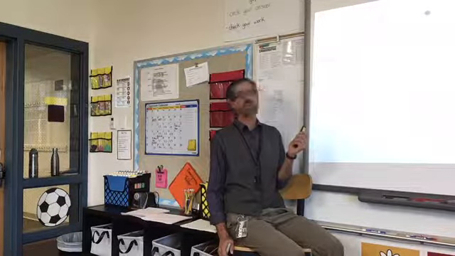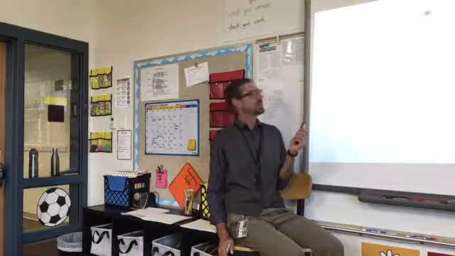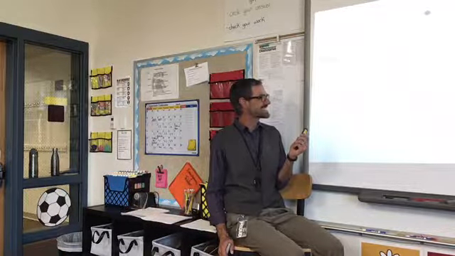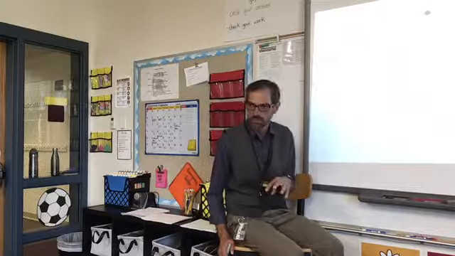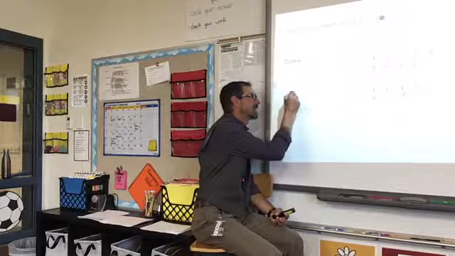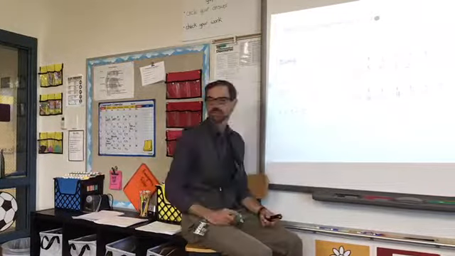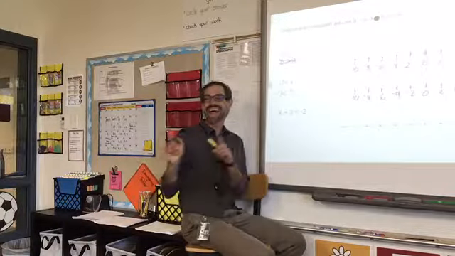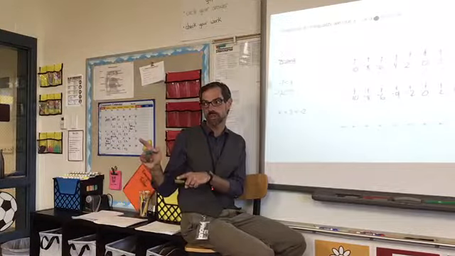Let's look at this. So here's our inequality. It says negative 7 is less than x. Does this work? Negative 7 less than negative 7? No. That doesn't work because it's not equal to, right?